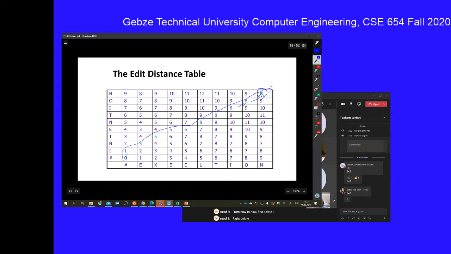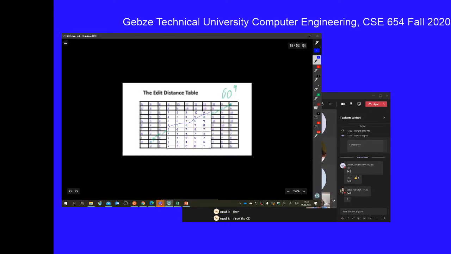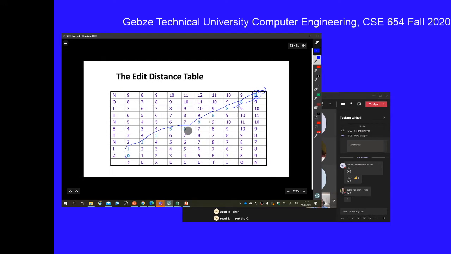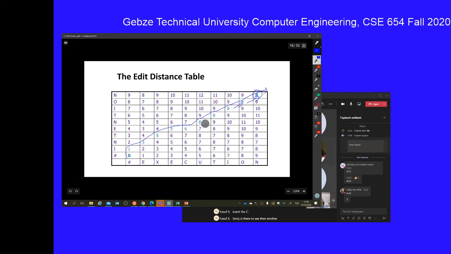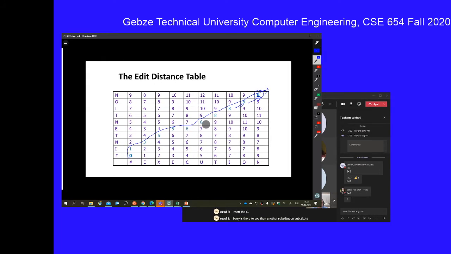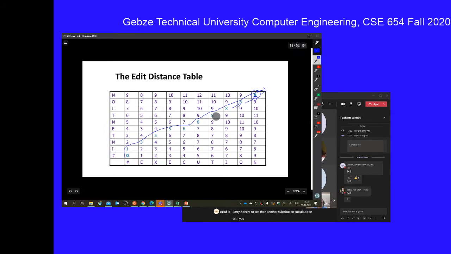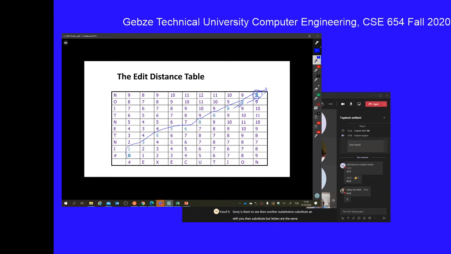Delete i, then make a substitution with n, then another substitution t with e, then another substitution, then just skip because the letters match, then insert a c, then another substitution, substitute n with u, then t is the same, i is the same, o is the same, and n is the same.